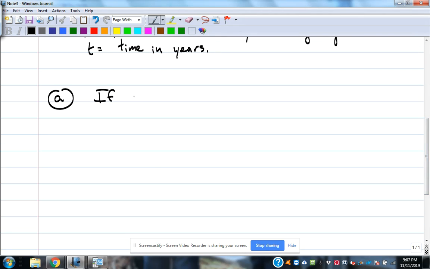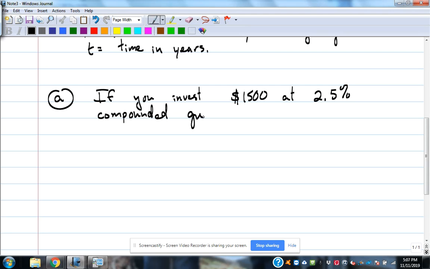So let's say you invest $1,500 at some bank that's drawing 2.5% interest. I don't know if a bank does that around here, but they might have one. 2.5% compounded quarterly, which is pretty common.